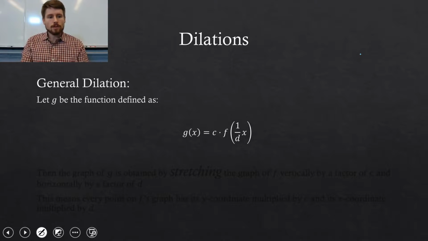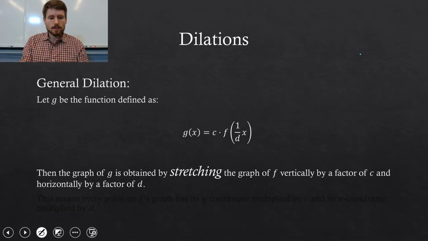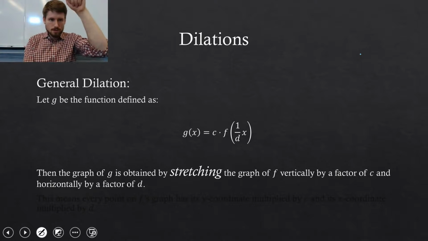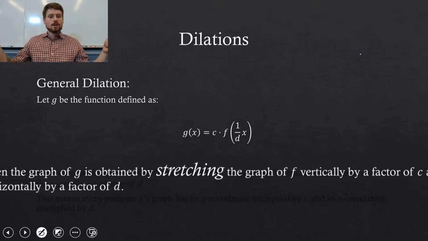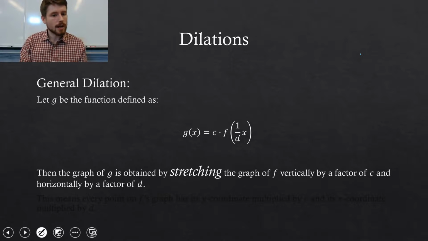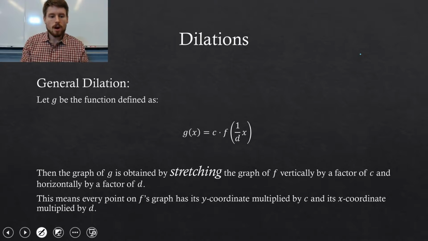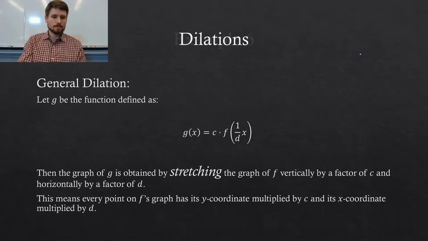You do 1 over that to figure out what to multiply by for those points. Okay, so we stretch it vertically and stretch it horizontally. So it's getting stretched in two ways for this kind of function. All the y coordinates will get multiplied by c in this case, and all the x coordinates are going to get multiplied by d in this case.